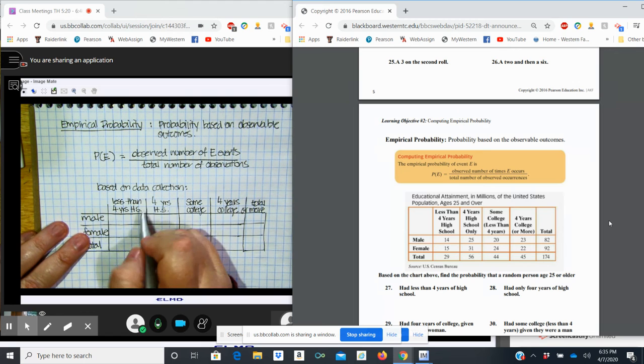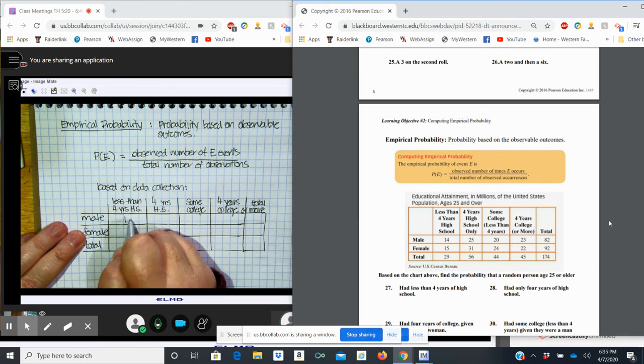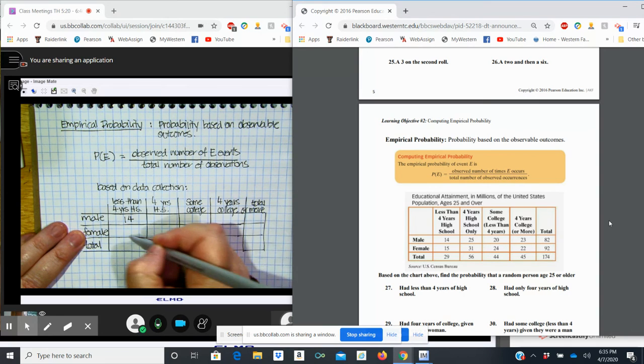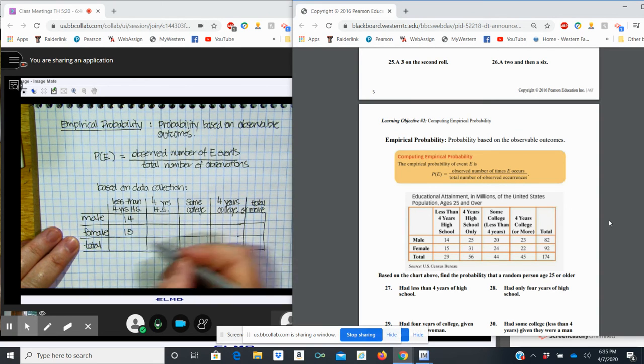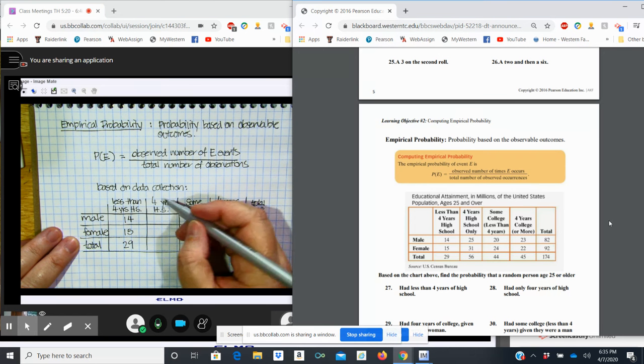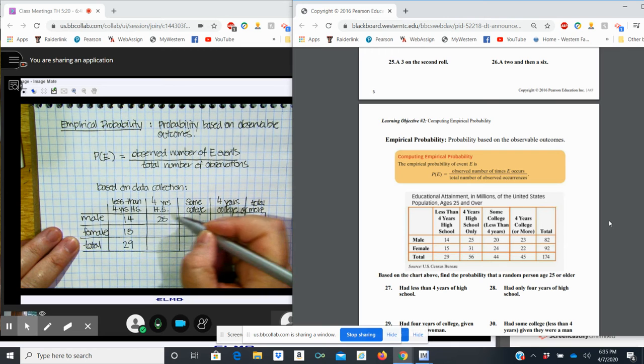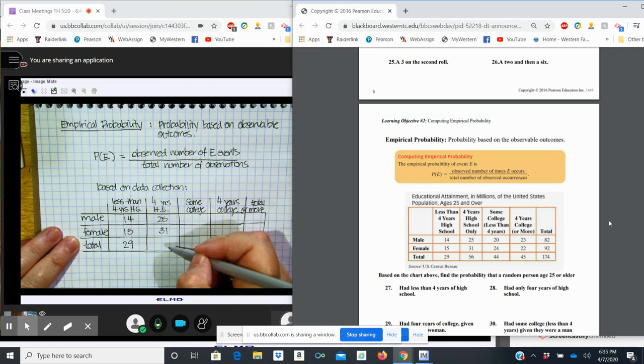All right. So when we looked at the males, we had 14 males with less than 4 years of high school and 15 females. That gave us a total of 29 people that had less than 4 years of high school. 4 years of high school only, we had 25 males and 31 females, giving us 56 people that had 4 years of high school. People who had some college, 20 were males, 24 were females, giving us 44 total people that had gone on to some college.